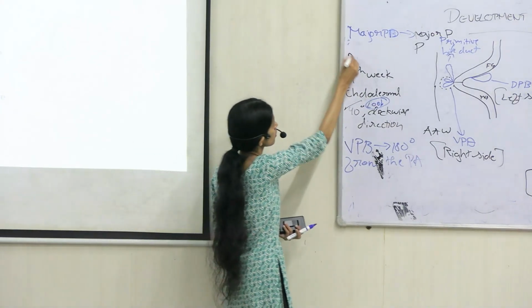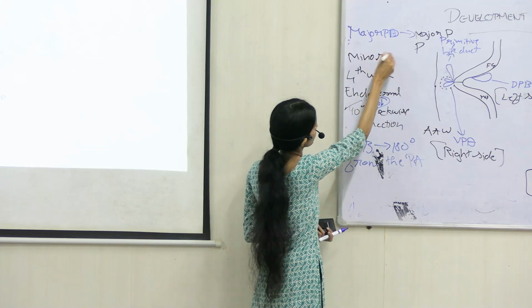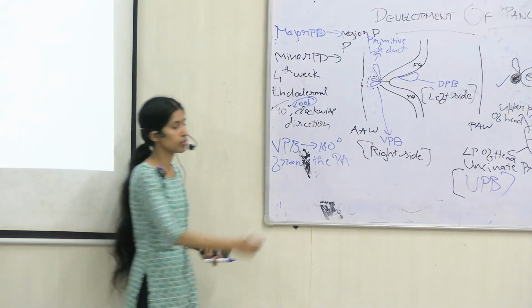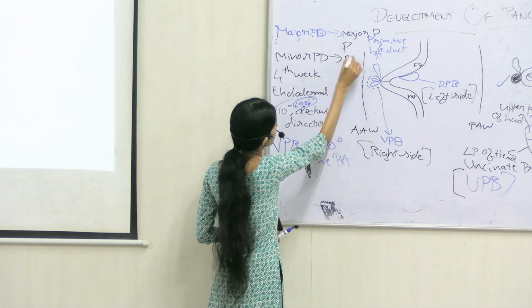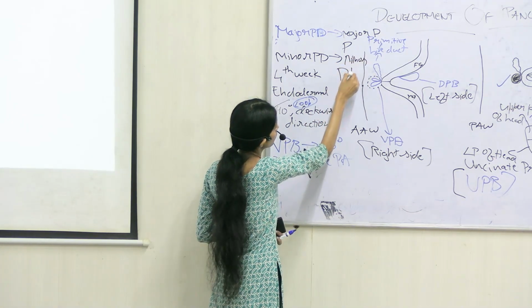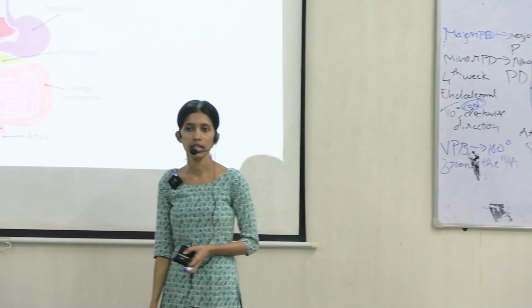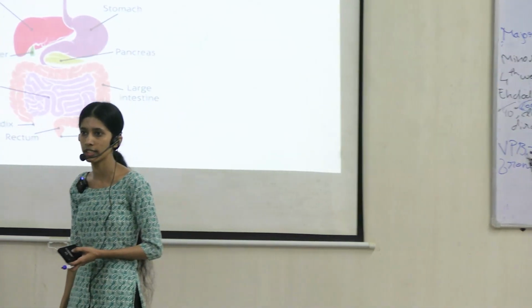The second one is the minor pancreatic duct. This structure will open into the minor duodenal papilla, and it is a rudimentary duct.